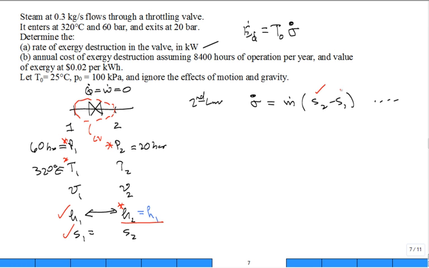So, boom, boom. Do they give me the mass flow rate? Sure enough, boom. And so we calculate the rate of entropy production, which I don't see on my paper, but I get the exergy destruction by multiplying by T naught, and it's 40.6 kilowatts.